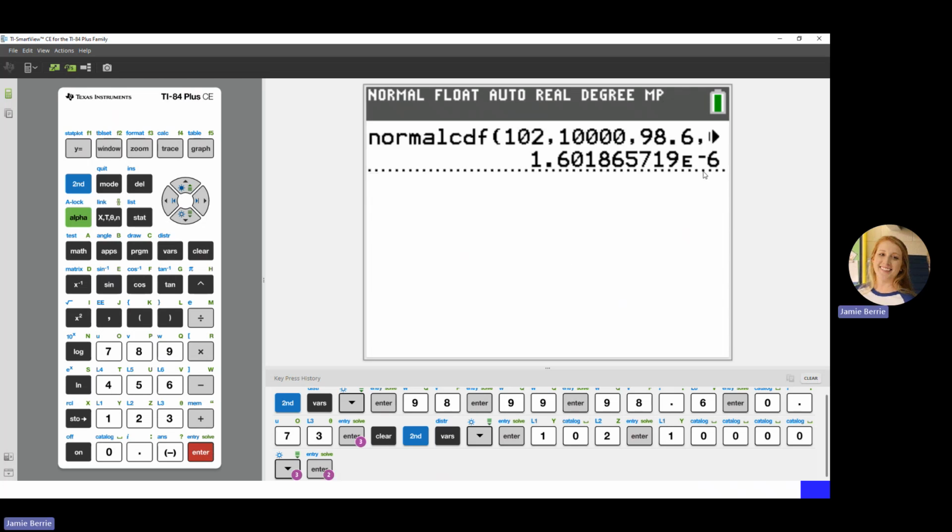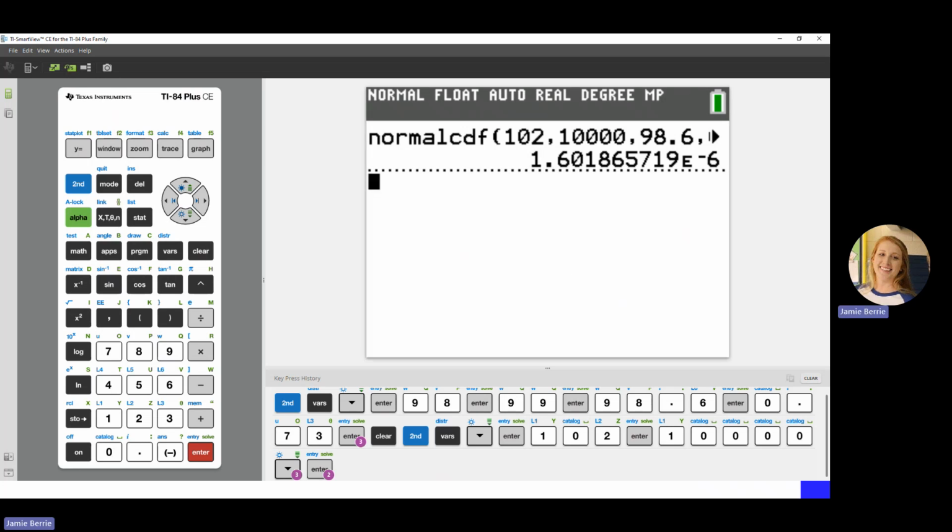And we've got a weird output here. So let me tell you how to interpret this output. Let's just copy down the way it looks. 1.60186571 E -6. All right, so let me tell you what that means.